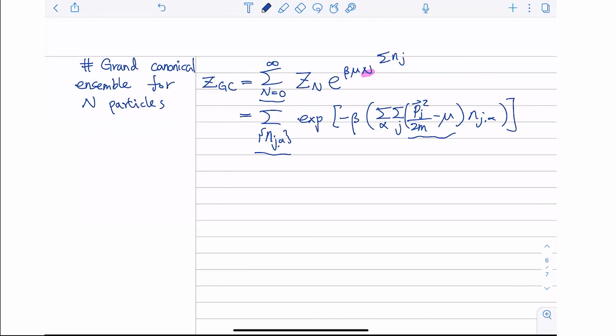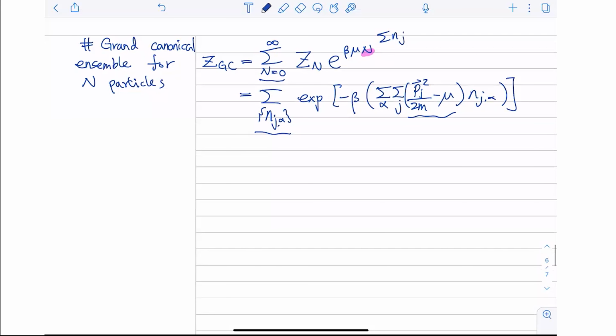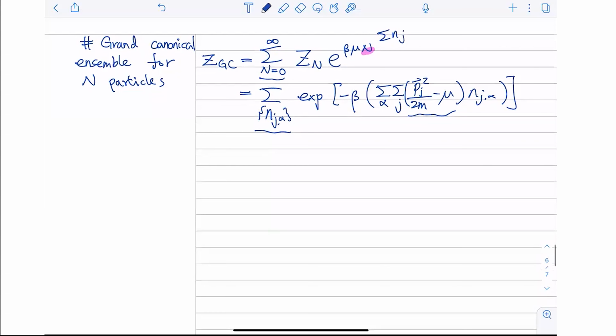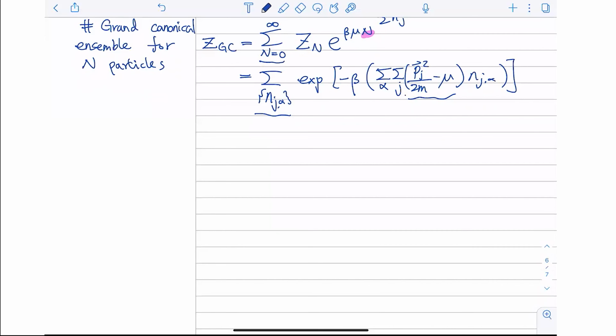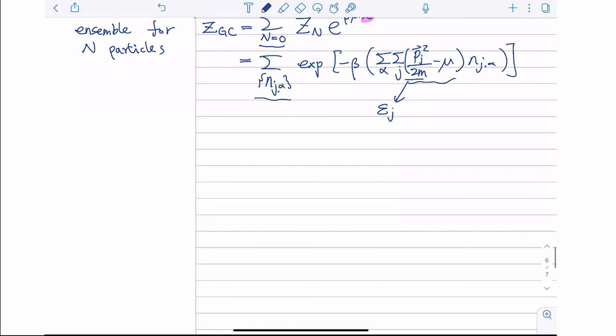So in general, that's the expression for non-interacting particles. And again, I try to emphasize that even though I'm using the free particle as an example, you can take this kinetic energy as some kind of single particle energy, because the system is basically non-interacting.